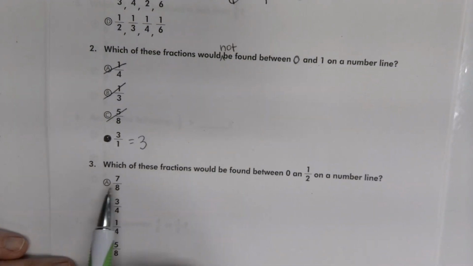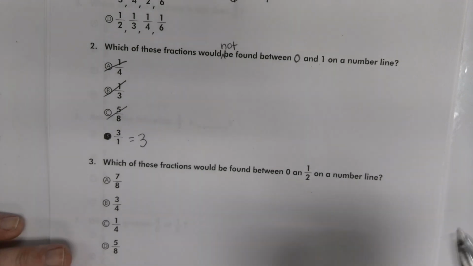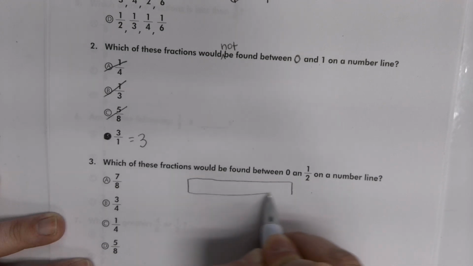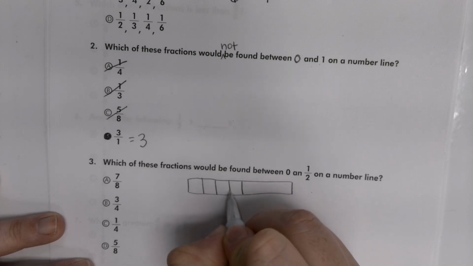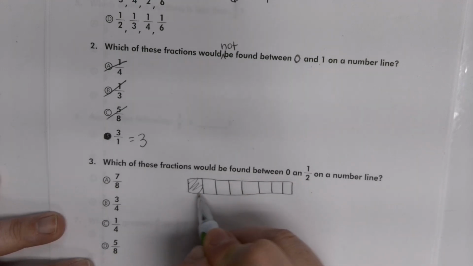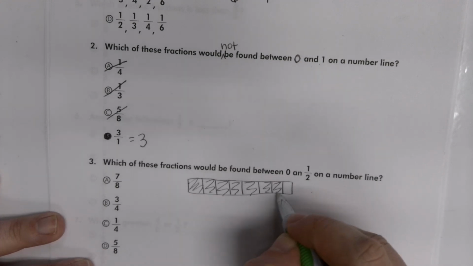Number 3. Which fraction would be found between 0 and 1/2 on a number line? Your children could draw a model. We're going to do 8, so we need 7 lines. Color in 7. That's going to be greater than half of it. I like to equate this to candy bars.